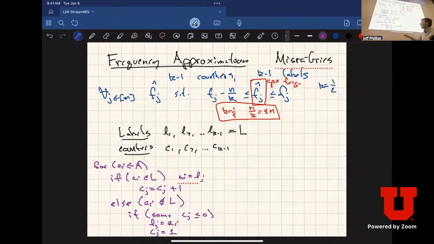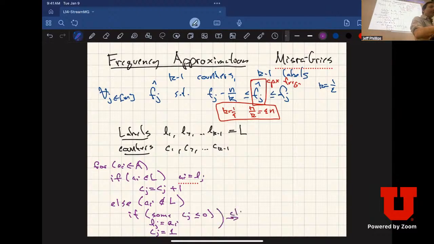So if I had a counter that was set to 0 or initialized to empty somehow, I can use that as the new label, and I can set the counter to 1. But what if I don't have any labels that aren't being used already?